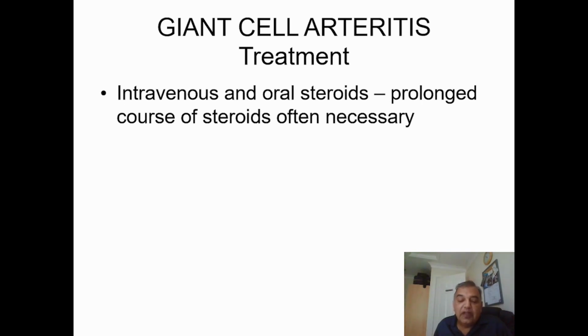They can also develop scalp tenderness, so they will complain of pain while they comb their hair. These 2-3 symptoms can be very, very important as a clue to the diagnosis of temporal arteritis.